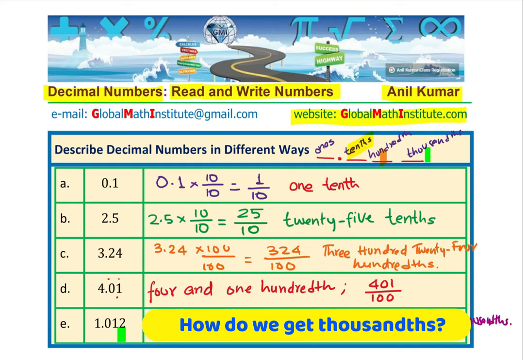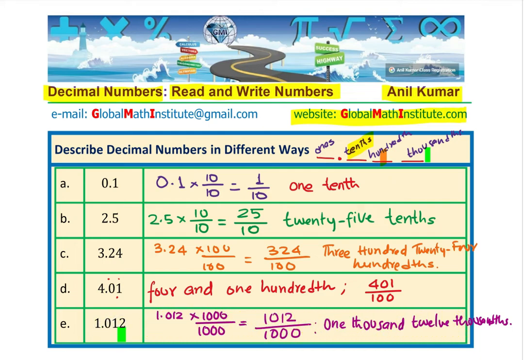So you can now see that we are saying 0.1 could be written as 1/10, 2.5 as 2 and 5/10, 3.24 as 3 and 24 hundredths, 4.01 as 4 and 1 hundredth, 1.012 as 1 and 12 thousandths. Do you see that? Thousandths, right?